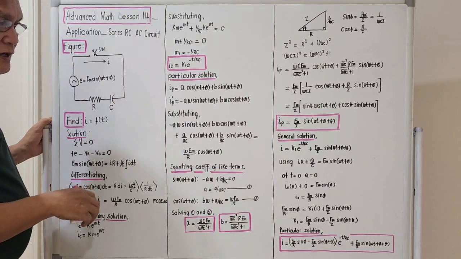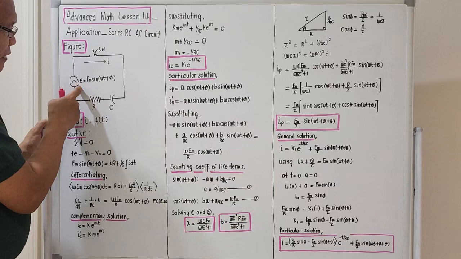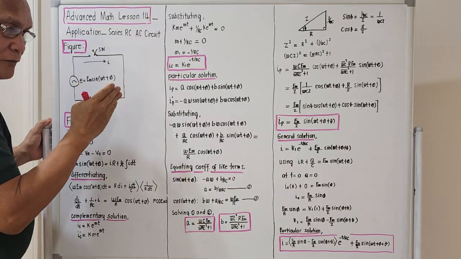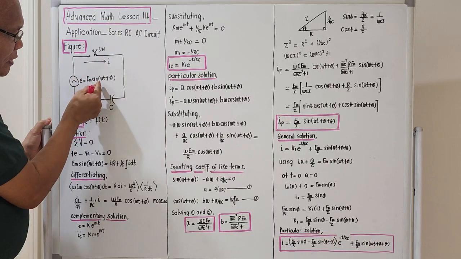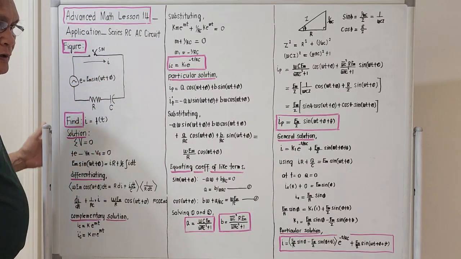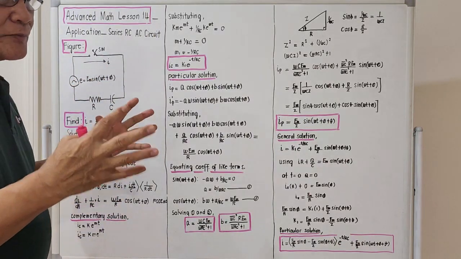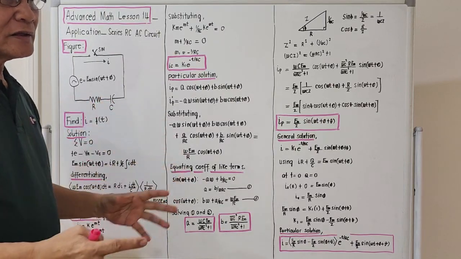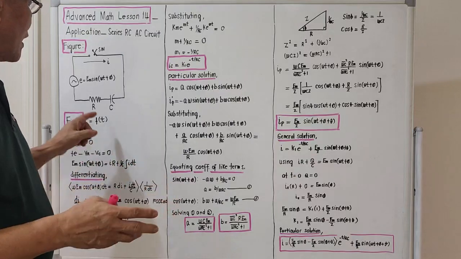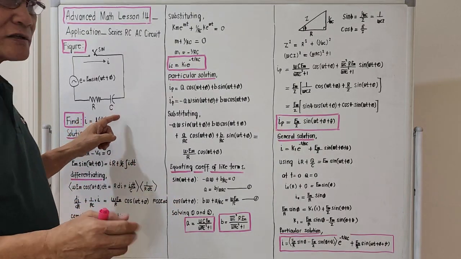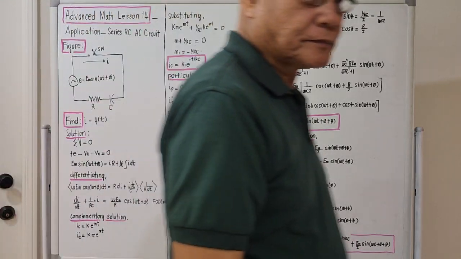That source is designated by E, and the voltage equation is E sub m sine of the quantity omega t plus angle P. The parameters involved are a resistance and a capacitance.